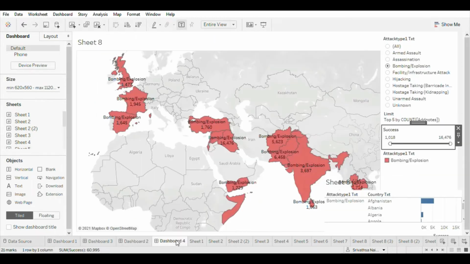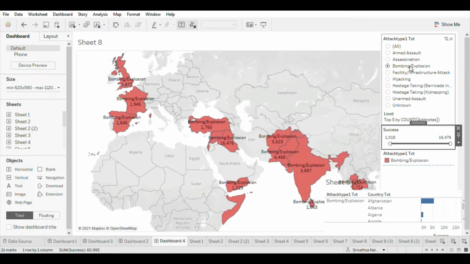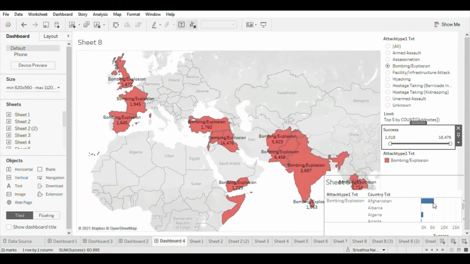The next dashboard shows the type of attack, whether it's bombing, assassination, or armed assault. Armed assault meaning using a firearm like a gun or something like that. So here we have the ranking as well.